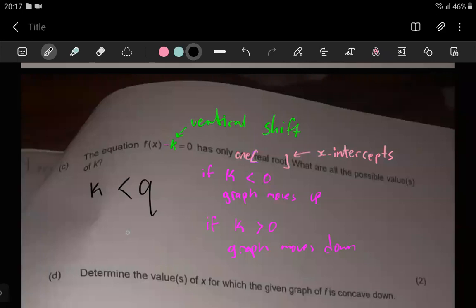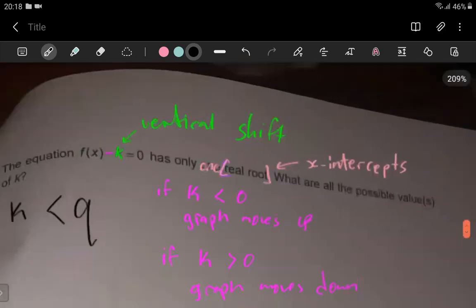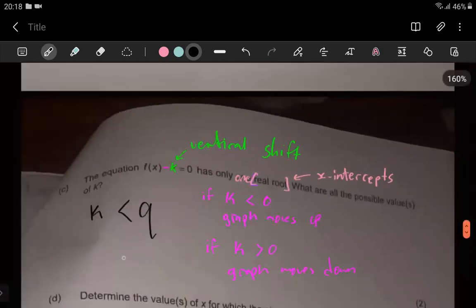The reason why k is smaller than q is because q is a negative number already. So if we're thinking of numbers smaller than q, our graph is going upwards. So this one, I'm not going to spend too much time on, to be honest, because I think this question is definitely a wildcard question. It's not going to move the needle for tomorrow. So that's one portion of our answer, right?